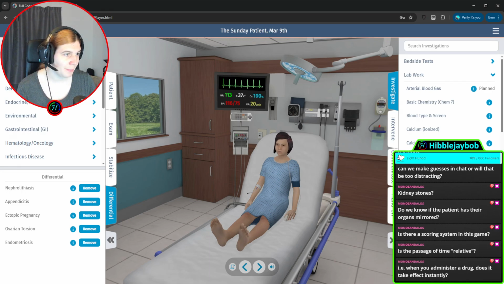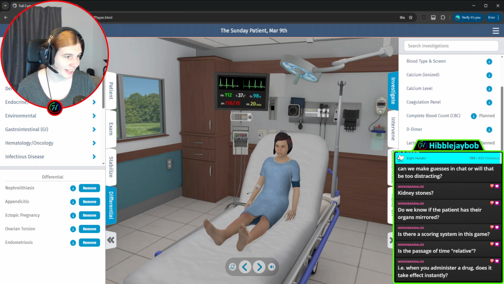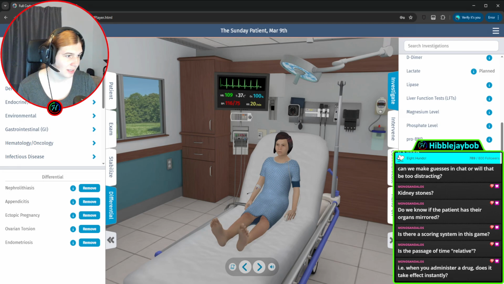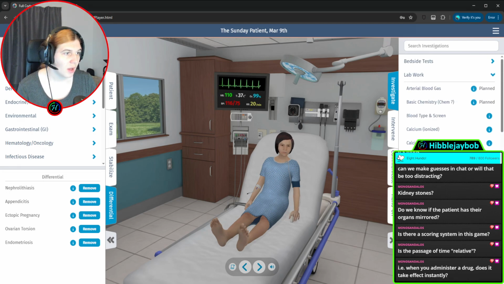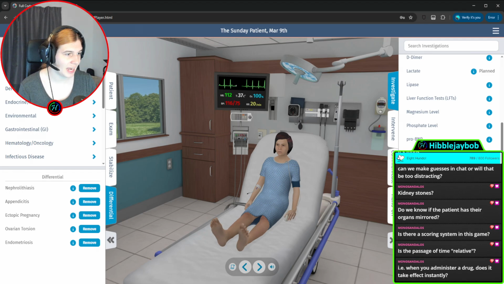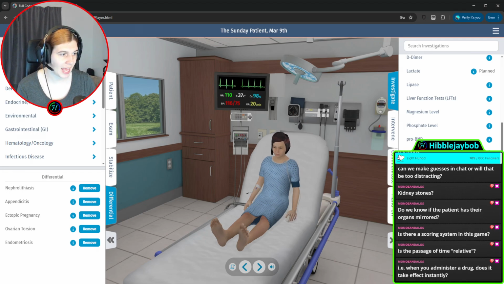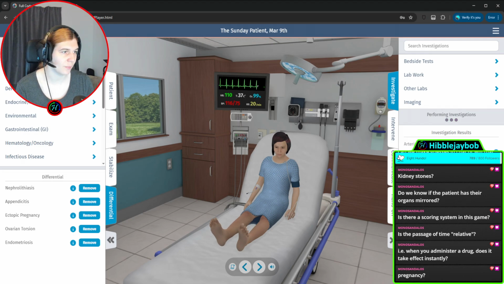We'll do an ABG, a chemistry. I want a CBC and a lactate. Oh, urinalysis is going to be good as well. So we're going to do some blood tests, and then we are going to do some urine tests as well. So let's see what we're working with.